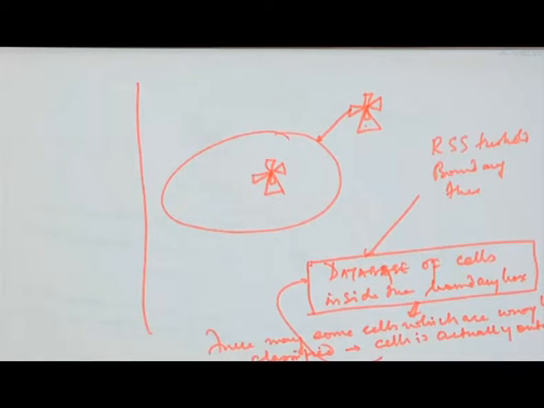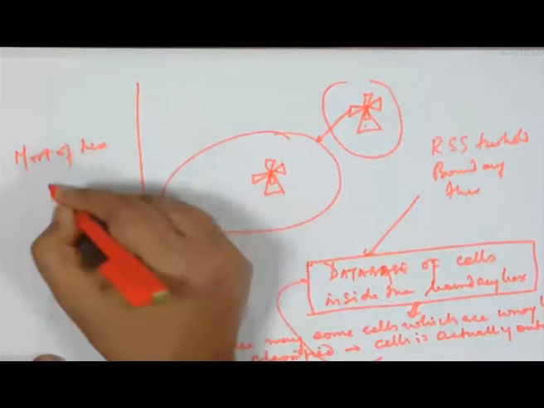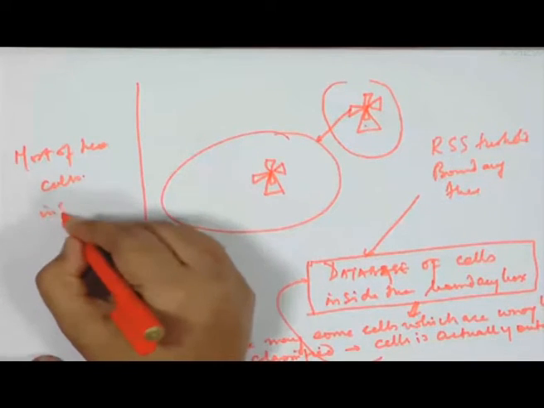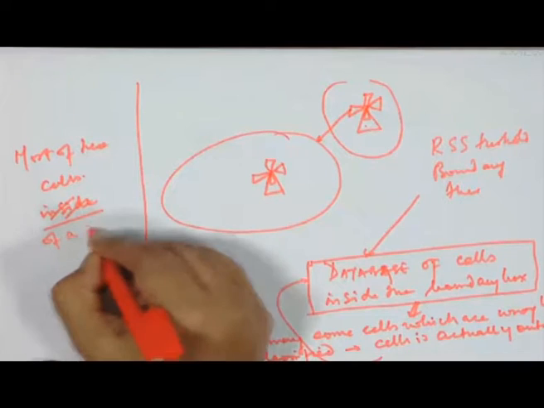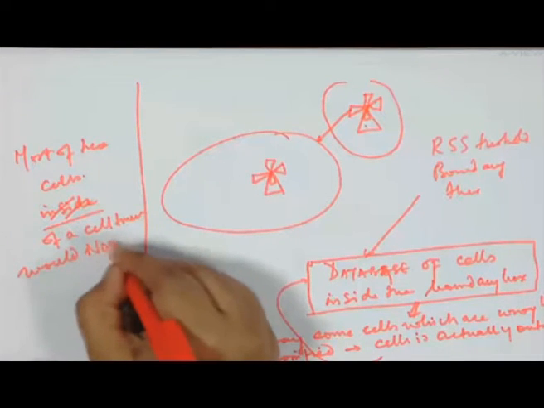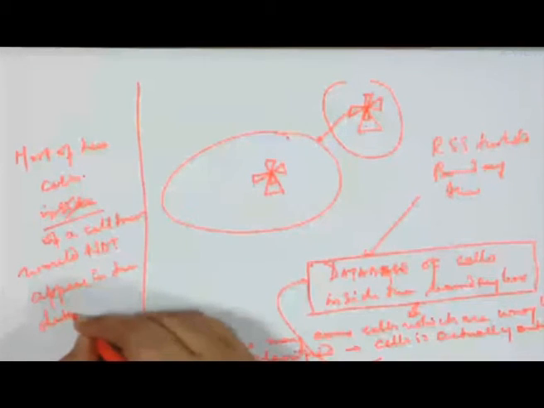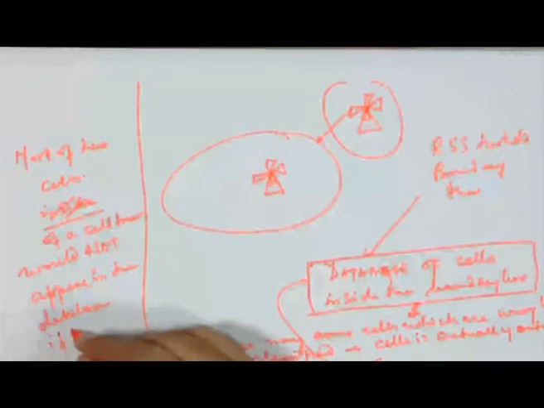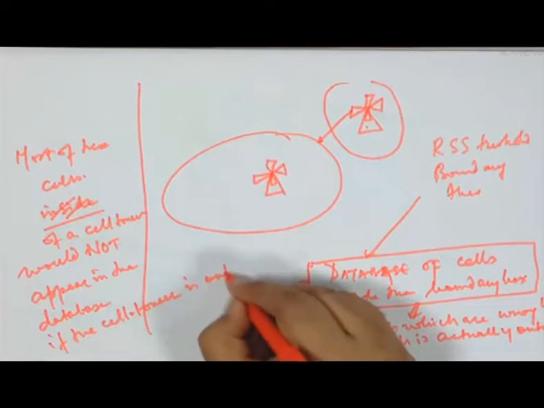That is why most of the cells of a cell tower would not appear in the database if the cell tower is outside.